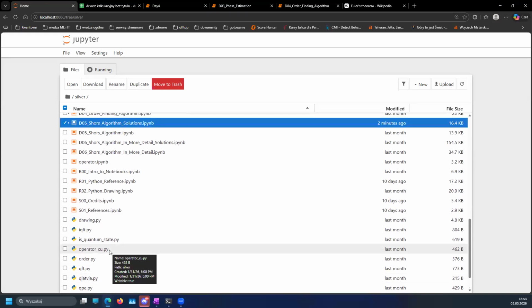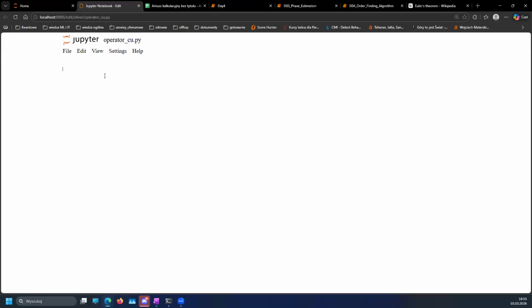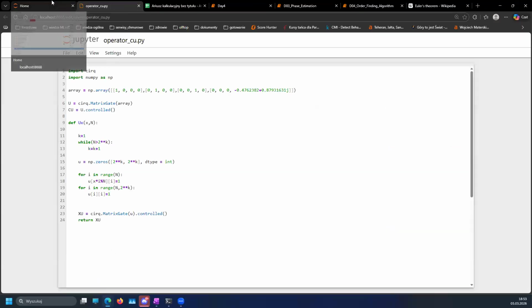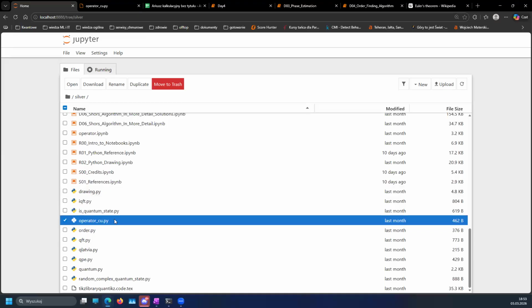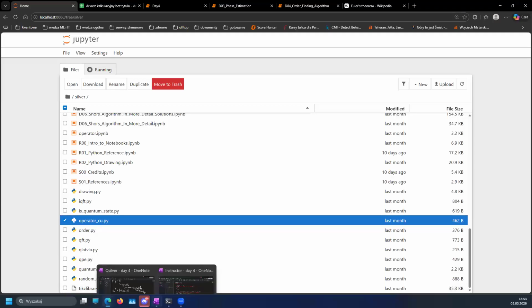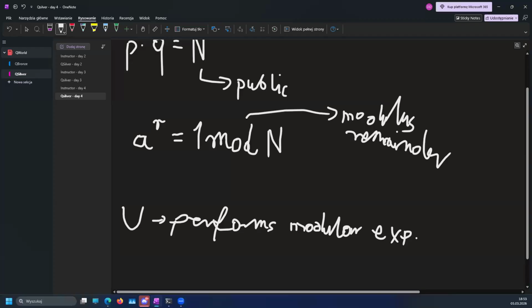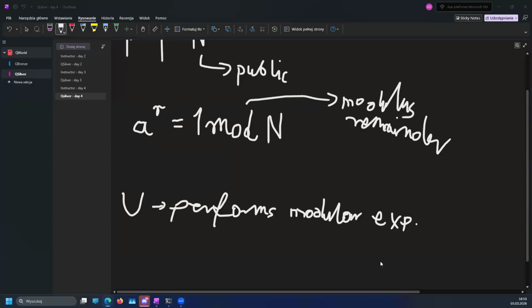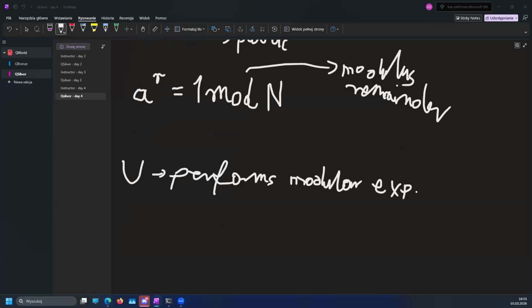So we will just load it. You don't need to construct it by yourself. Nobody expects this from you. So you don't need to worry about this.